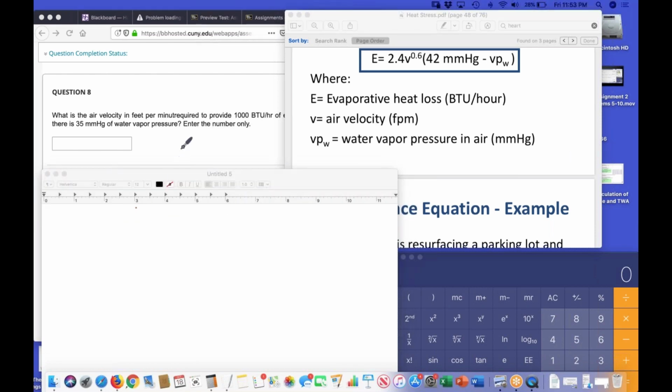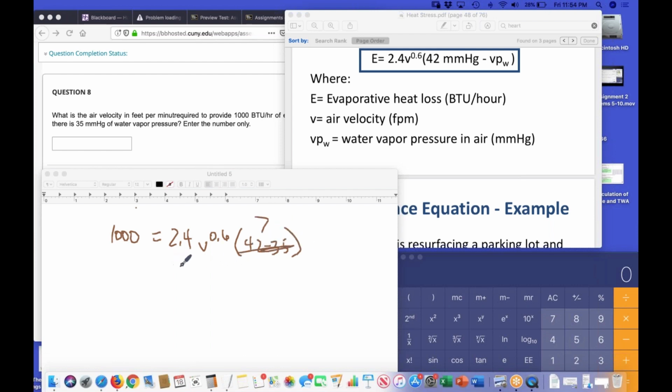So the evaporation rate is 1,000 BTUs per hour. I'll leave the units off for now. That is equal to 2.4 times the velocity to the 0.6 power times the 42 minus 35 millimeters of mercury. Okay, so that's 7.